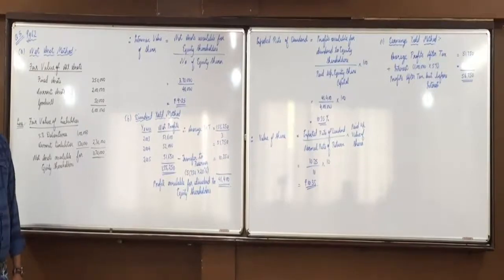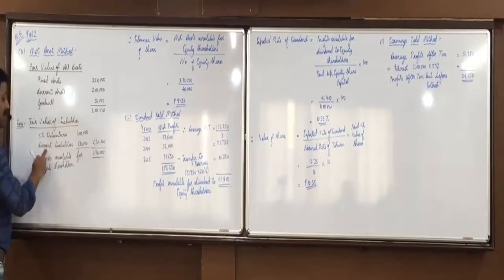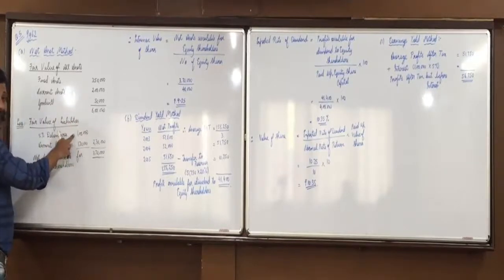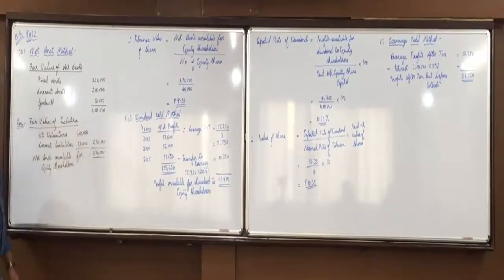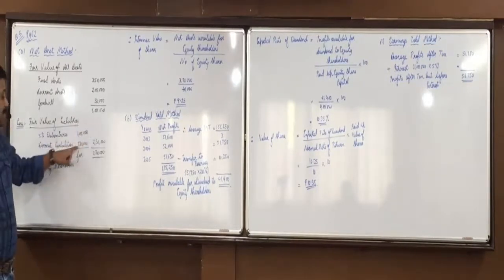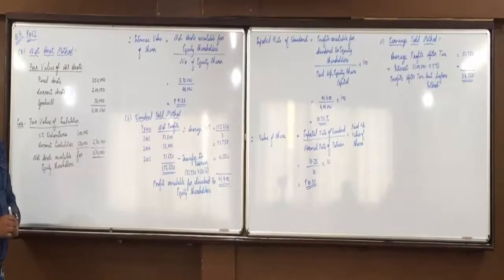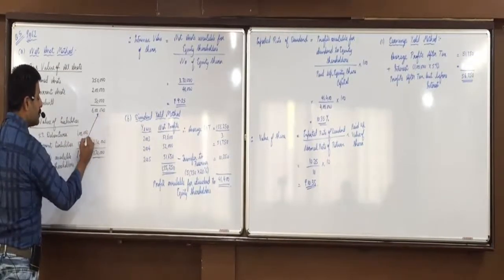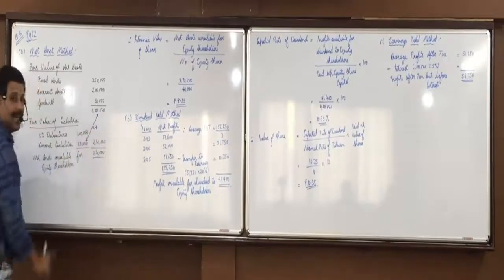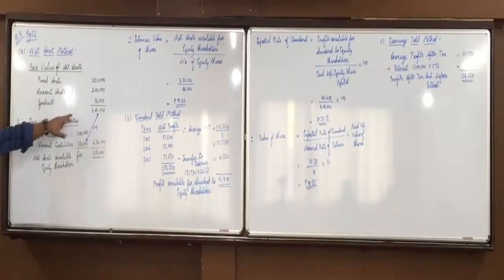From 6 lakhs we have to minus only current liabilities, we don't have to minus debentures. So you can alternatively do 370 plus 1 lakh, 470, or you can do 6 lakhs minus 130. Fair value of all assets minus only current liabilities, or we have done fair value of all assets minus fair value of all liabilities.